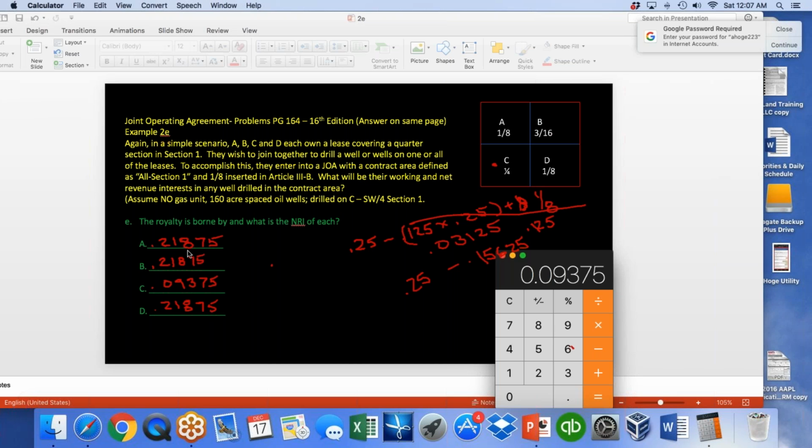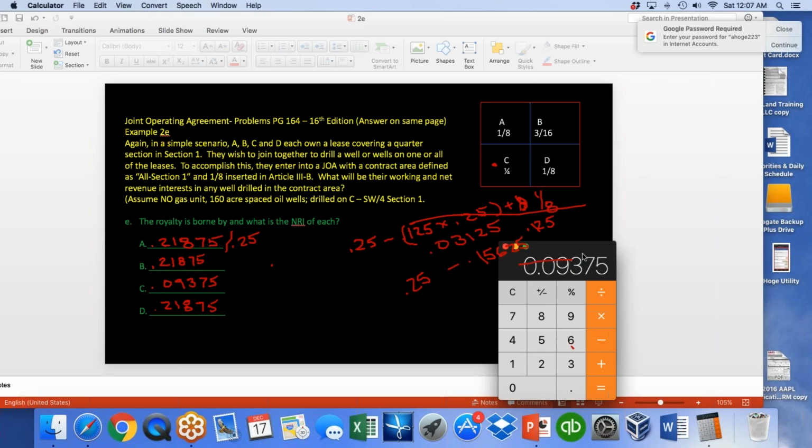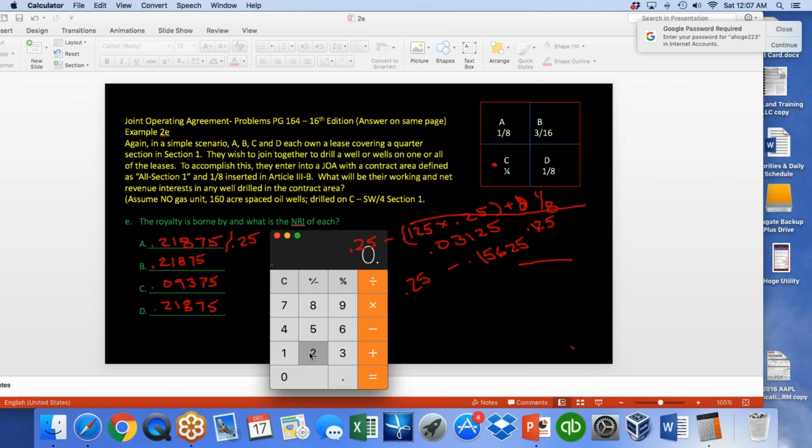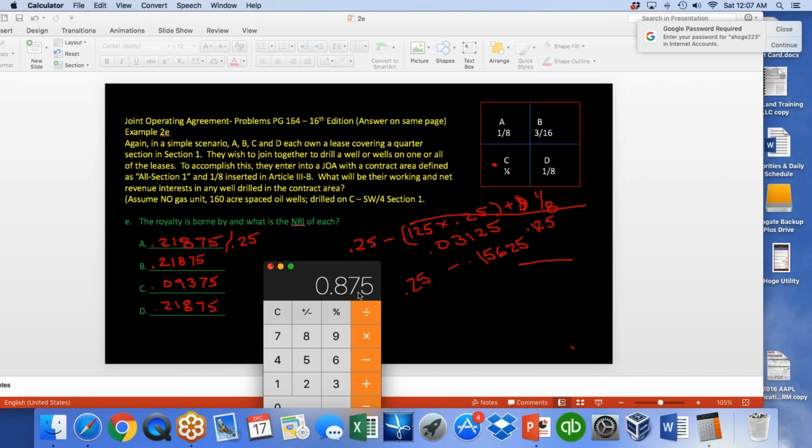The net revenue interest here is 0.21875 divided by 0.25, which equals 0.875. So this person is getting an 87.5% return. That's a good return. That's what we like to see. Their effective net revenue interest, as we call it, is 0.875.